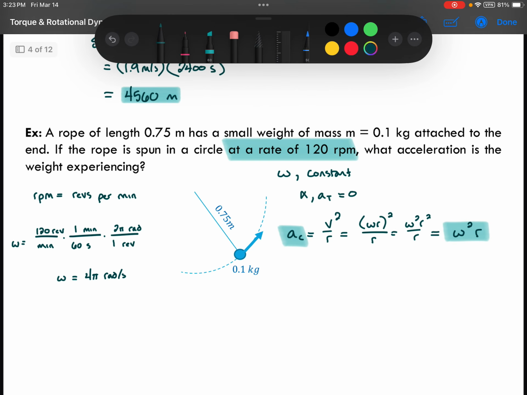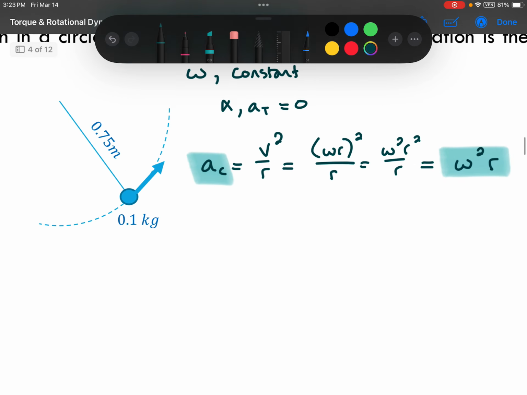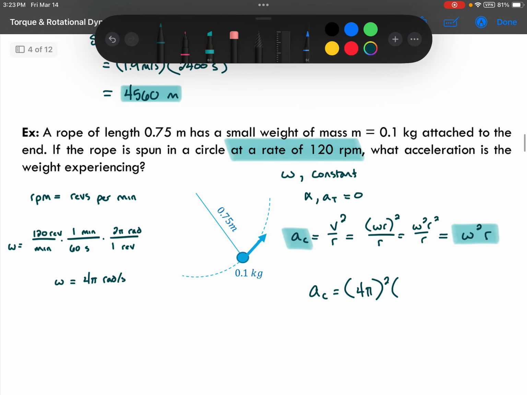All right, and so that's what we can use over here to calculate our centripetal acceleration. So a_c equals omega squared r. Omega was 4 pi. We're going to square that whole thing and then multiply it by the radius of our circle.